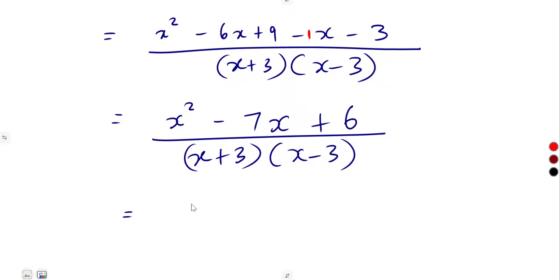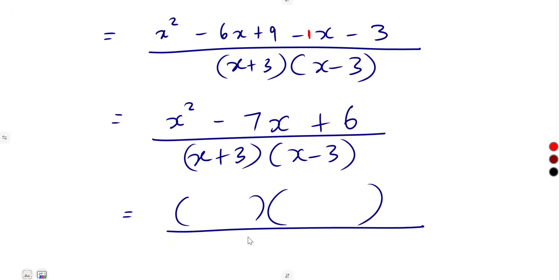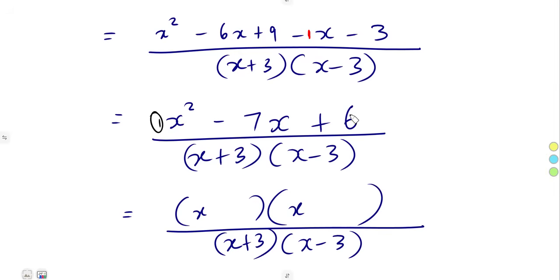In case we have the same brackets, we are going to cancel. So we have to factorize our numerator in that case. Since the coefficient of x squared is 1, we're going to have x and x here. Then consider the factors of positive 6, but these factors must add up to negative 7.